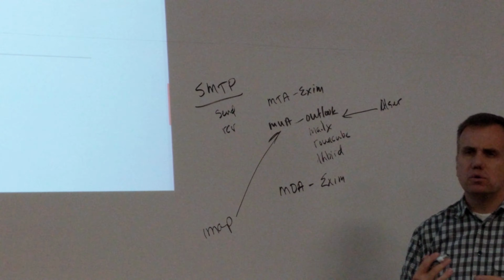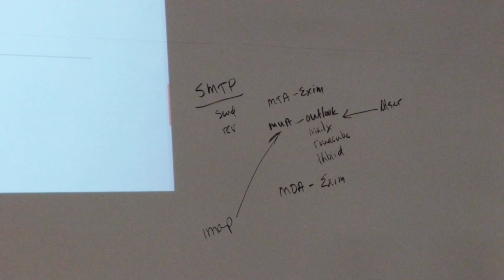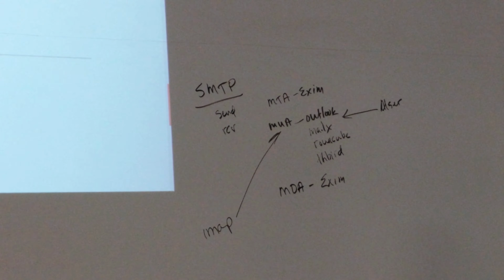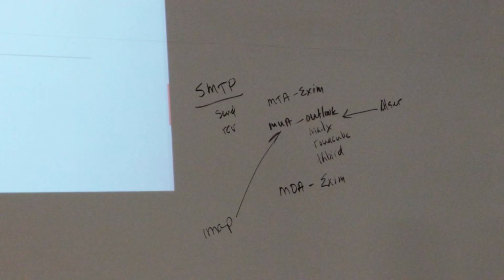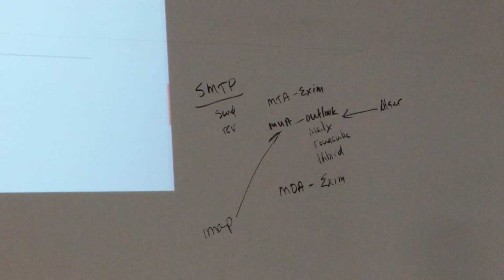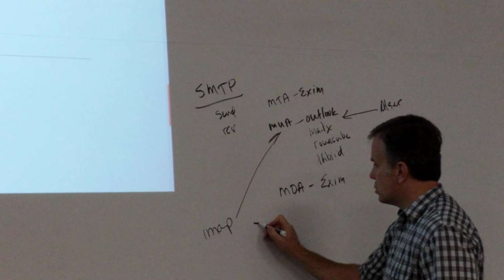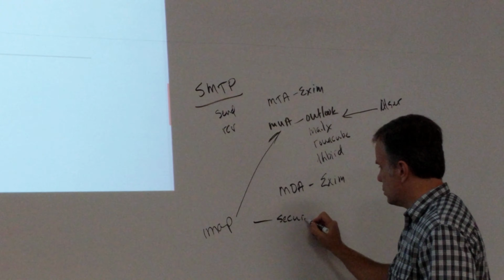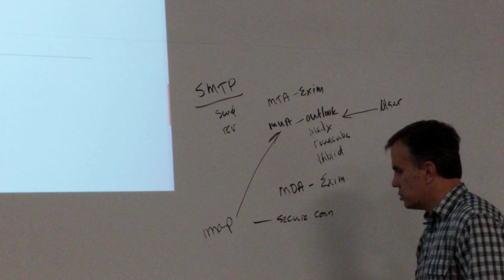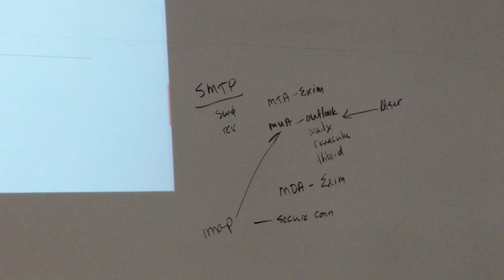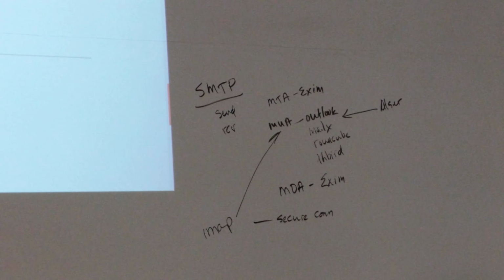So what else did we have to do with IMAP? What does it do? What's it for? Oh yeah, so we had to make sure there was a secure connection. So we generated a certificate, and part of that certificate was public and private keys. But what is IMAP for?